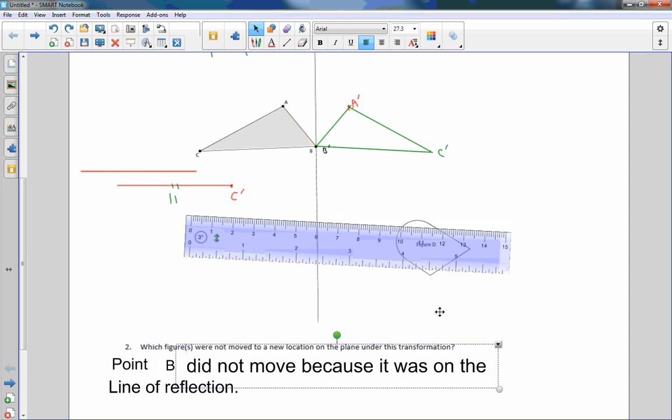Okay, so there we go, a little bit neater. Point B did not move because it was on the line of reflection.